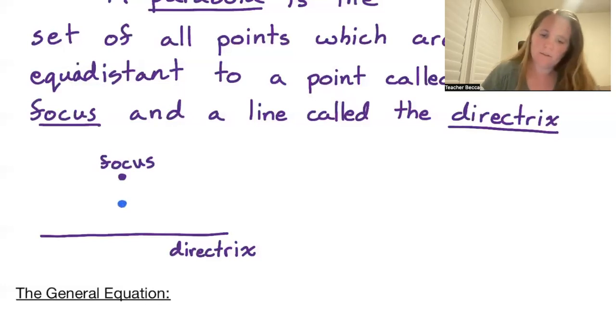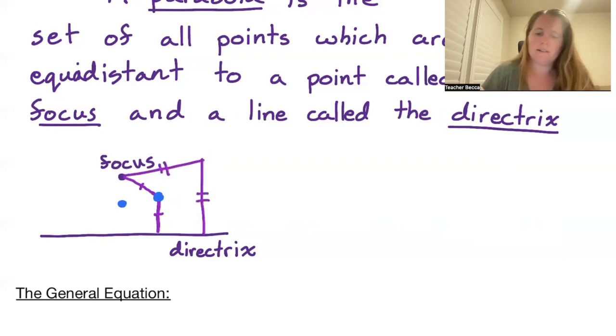But then we could also take any point which is the same distance from the focus and the line. If these two distances match, then that point would be on the parabola. So again, any point that is the same distance from the focus as it is from the line is going to be on our parabola.